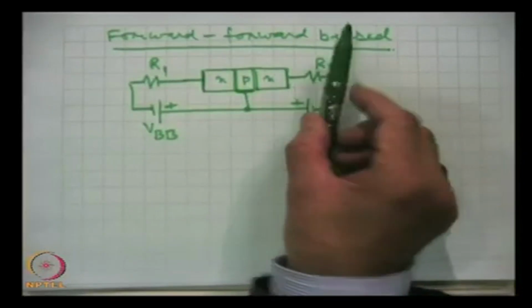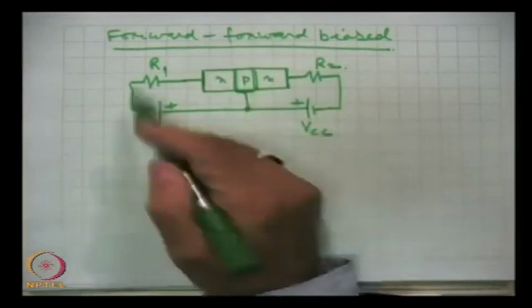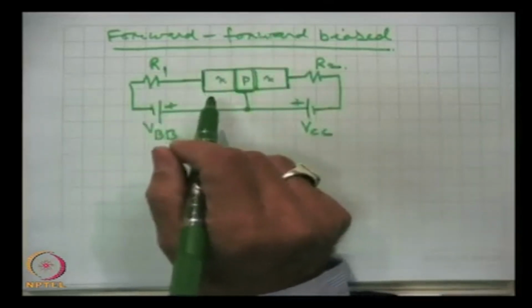So, we just consider the emitter and base junction which is forward biased.